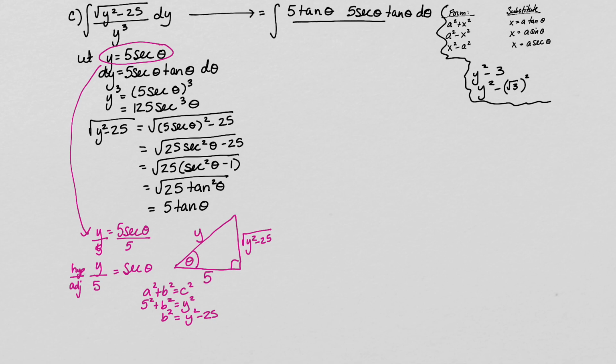And y cubed was 125 secant cubed theta, right? So all I've done is plug in for each of my pieces.